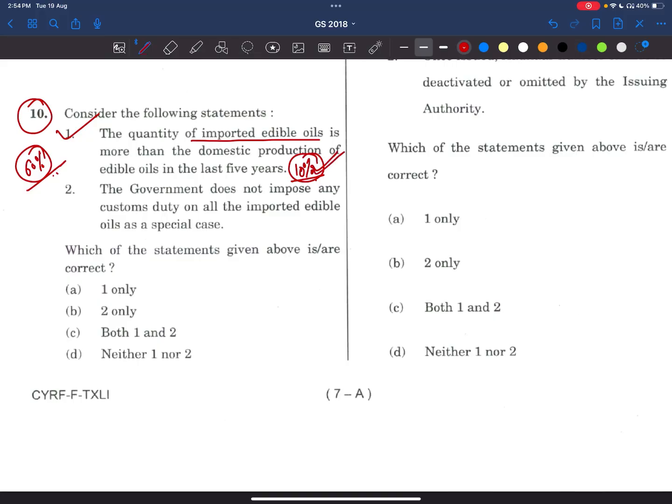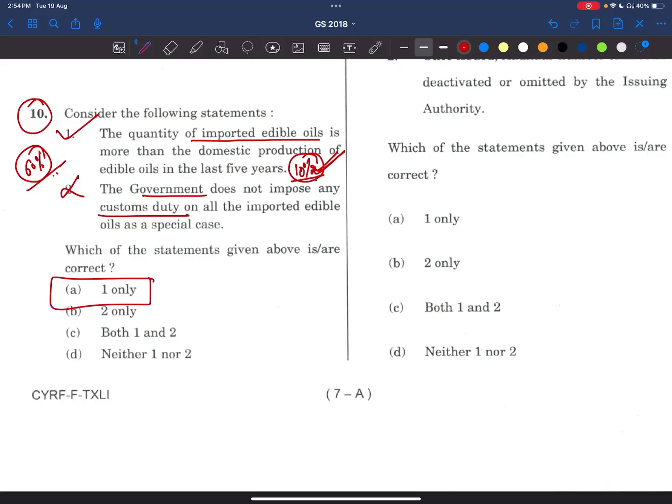The government imports edible oils for our need only, but to encourage domestic players, we are imposing customs duties on imported edible oil also. The percentage of customs duty varies according to the type of oil. It is not the same, please remember this point, but we are levying customs duty. So the second statement becomes wrong.